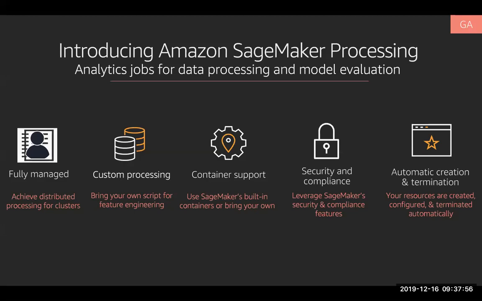And then, yeah, resources are created, configured, and terminated automatically. So that's the nice thing with all those new services, that you don't have to care about the infrastructure provisioning part, right? So SageMaker is helping you and abstracting that and doing the job for you here.